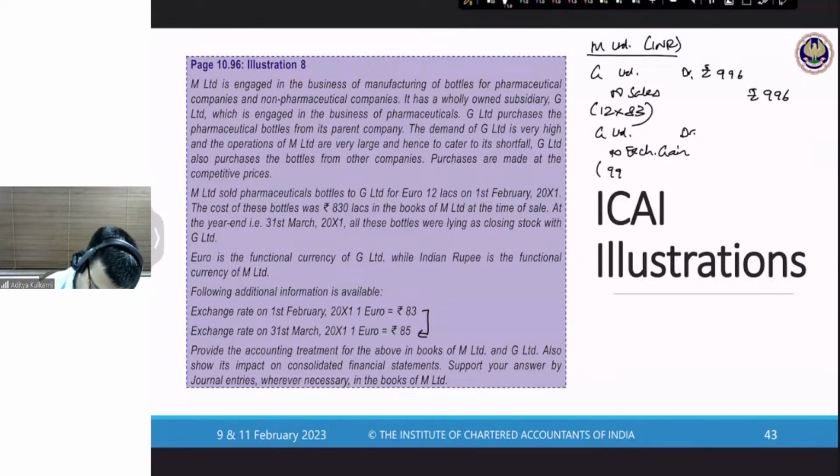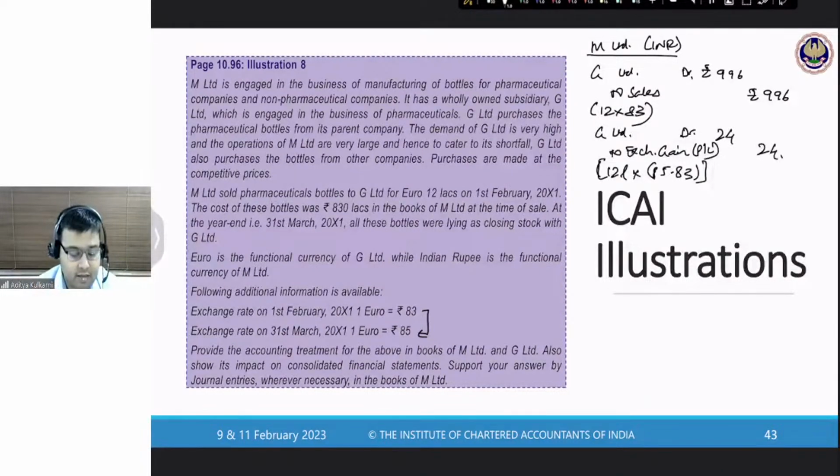This will be 12 lakhs into 85 minus 83. So this is 24. Where will this exchange gain go? This goes to the P&L.